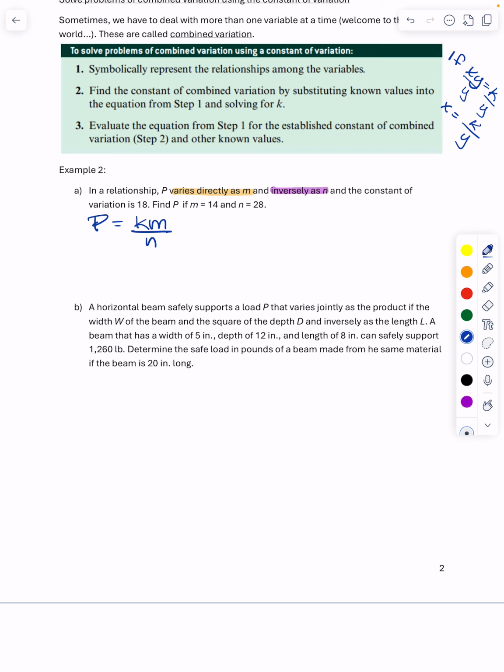Inversely is dividing the constant of variation. So here they tell me my constant of variation is 18. M is 14. N is 28. When we multiply 18 by 14 and divide by 28, we get 9.